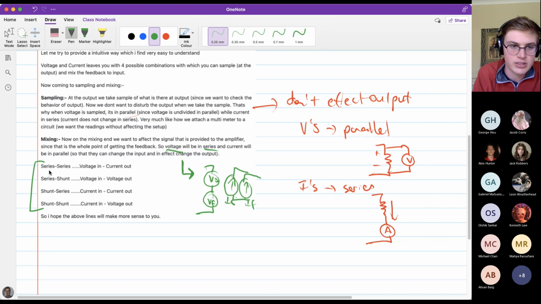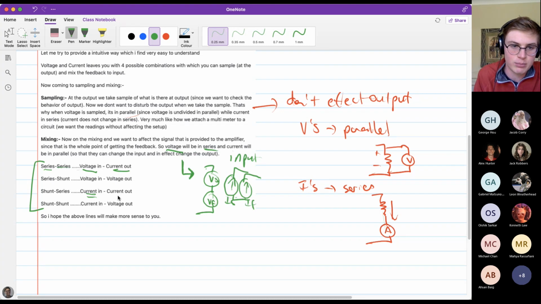So remember, series is essentially voltage being able to affect itself, and then current in series because we're measuring current. Series shunt means that we're measuring the voltage at the output, but also the voltage at the input. Shunt series means, if it's in parallel, we're affecting the current flowing in at the input.